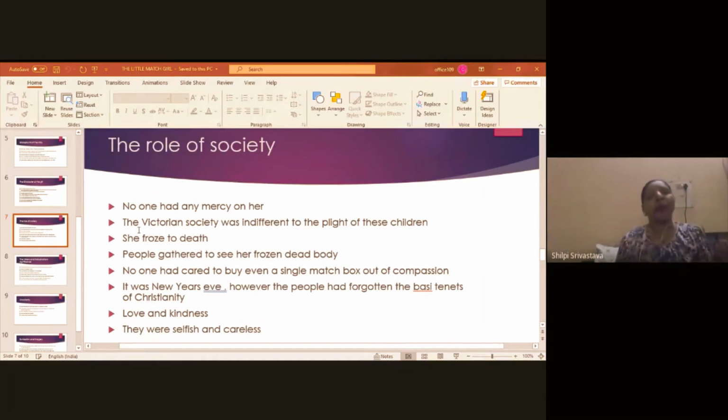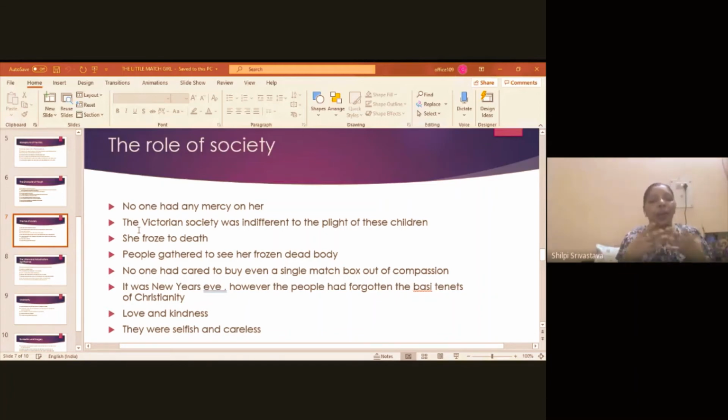So many of the poets, if you read, for example, Thomas Hardy, or other poets belonging to that age, then Tennyson, etc., you will see that they also reflect upon this particular quality of that Victorian era. That is, that people had become very materialistic. They had forgotten about all the ethics and morals.